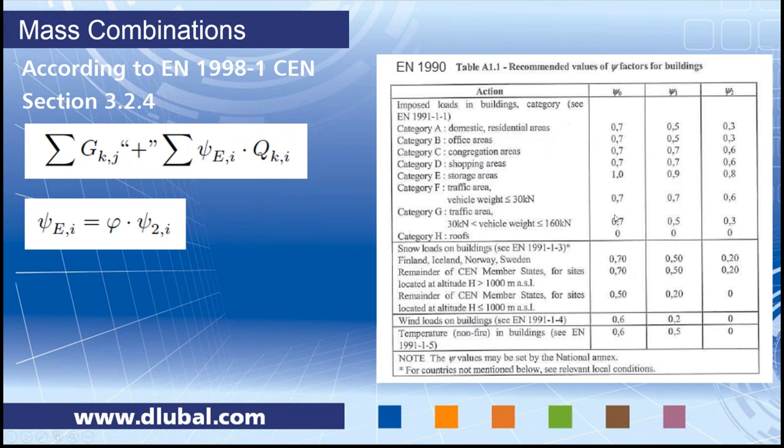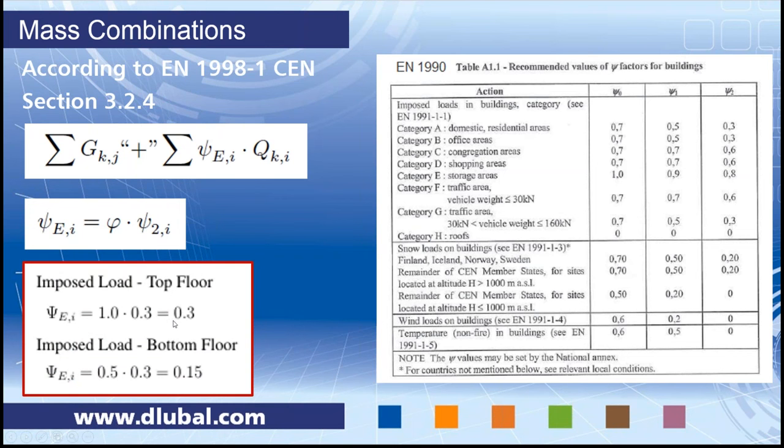And just to show you the values of ψ2, that's the last column here, we have to apply a value of 0.3 in case of category A and B. So that's our mass case type. So we have to calculate 1 multiplied by 0.3 for the top floor, and for the bottom floor we apply the 0.5, so 0.3 and 0.15.